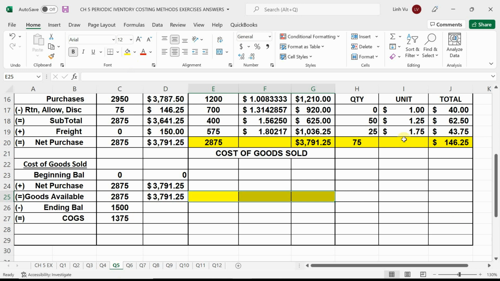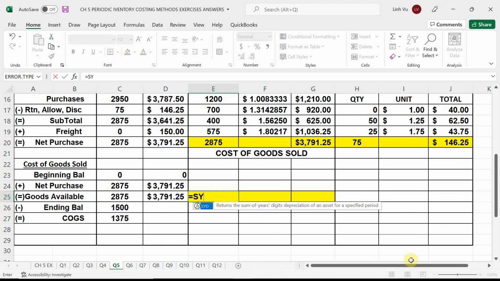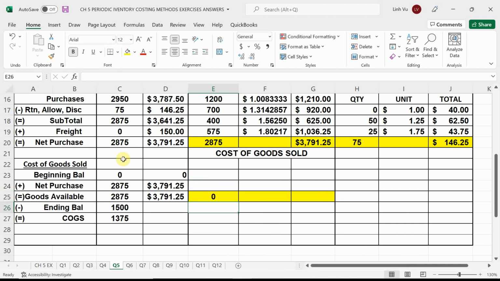Okay. So let's do my running balances. So equal sum. Okay. So that's my quantity. And this is my total cost. Okay.